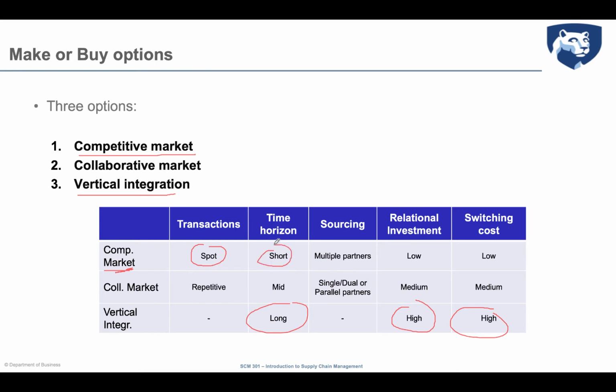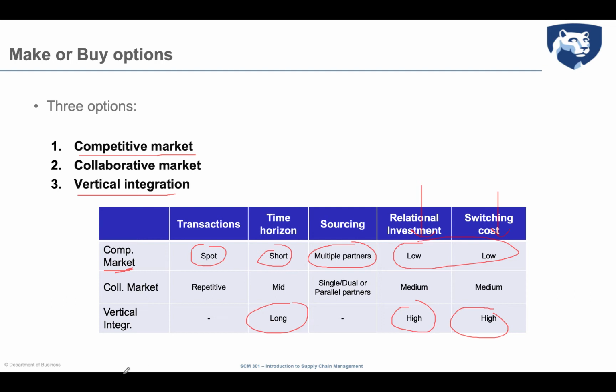Usually on a short-term perspective, while the sourcing is made with multiple partners, so it's multiple sourcing, and the investment and the switching costs are low, because again, here I'm not investing in anything outside a one-year contract.